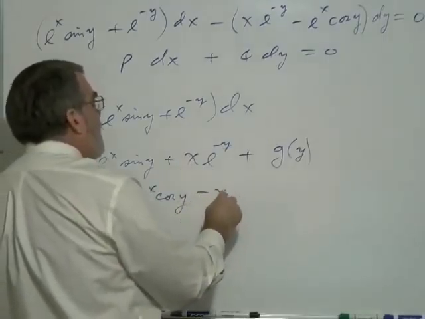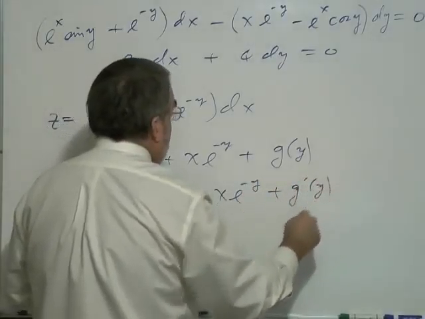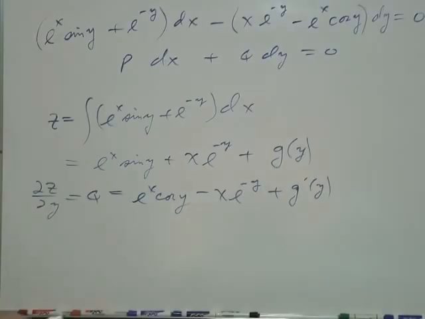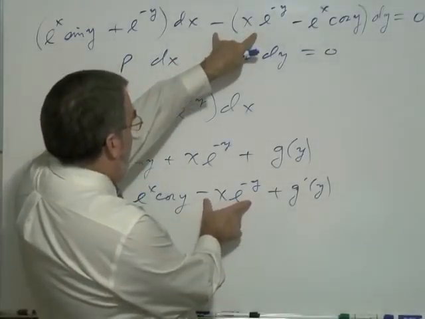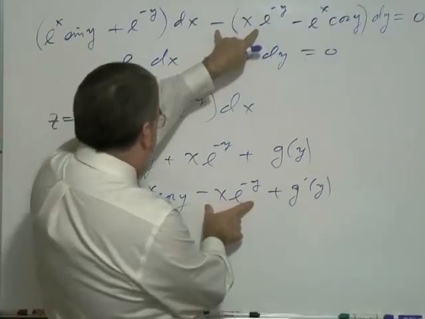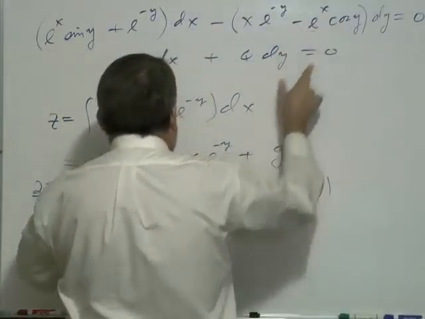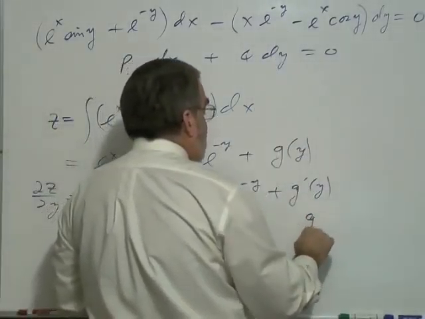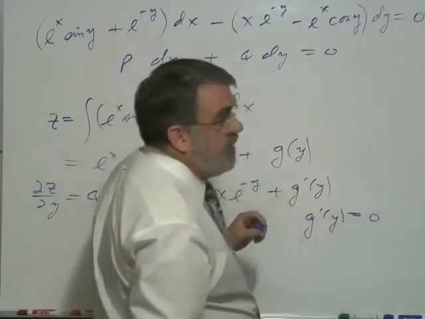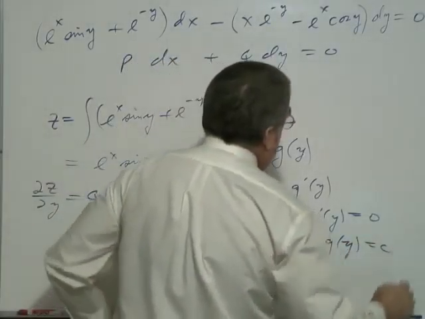So it's minus x e to the minus y plus g prime of y. Okay, now, up here, I have negative x e to the minus y, that equals e to the x cosine y. These two negatives cancel. That's a positive. And there's nothing corresponding here for g. So g prime of y, in this case, is 0, which means g of y is a constant.